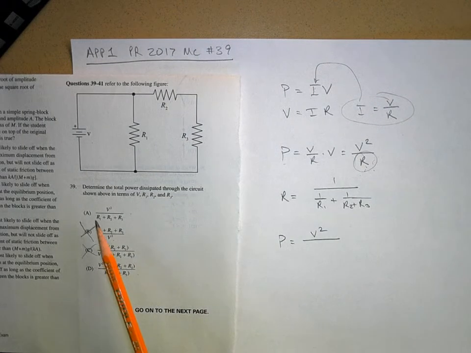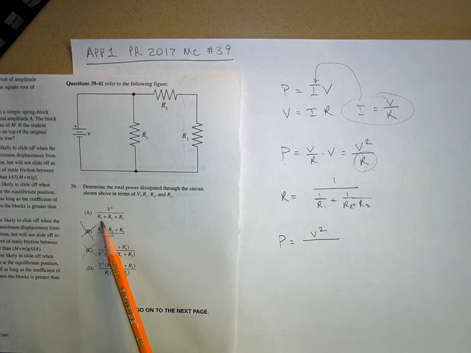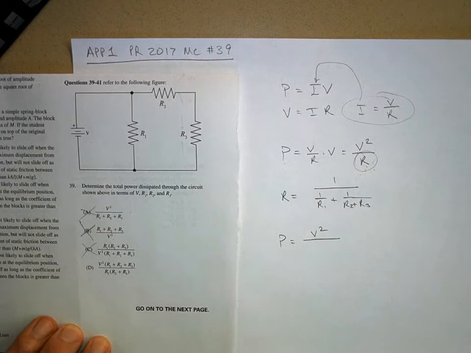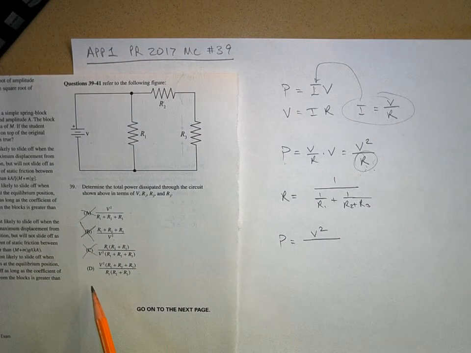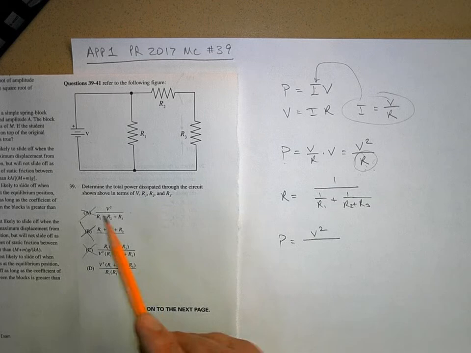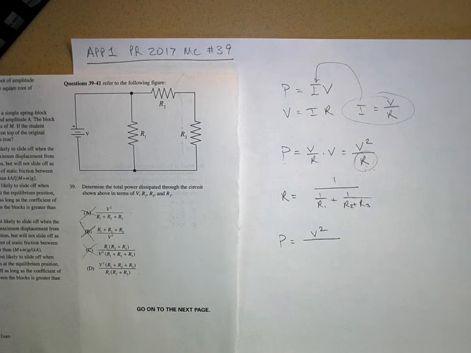But look at A. I know that the total resistance is not R1 plus R2 plus R3. So I can cross this off. And by process of elimination, I can now answer D without solving the problem, because I know that A, B, and C are totally wrong.